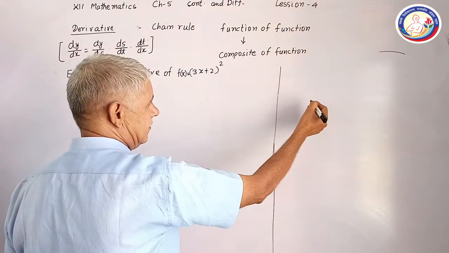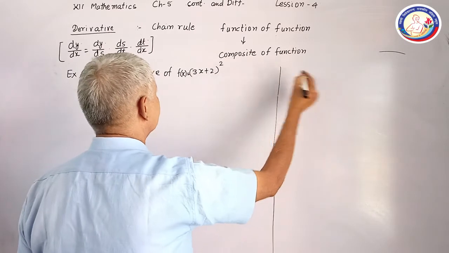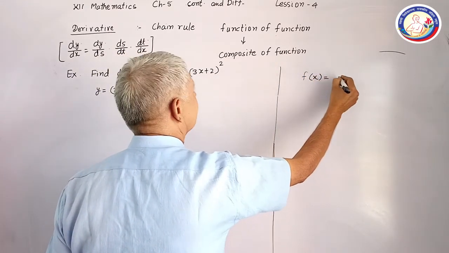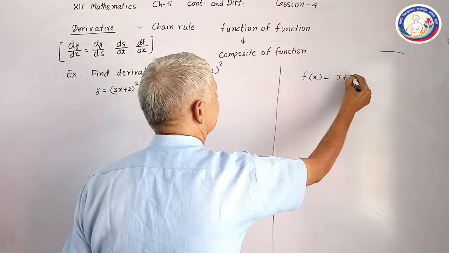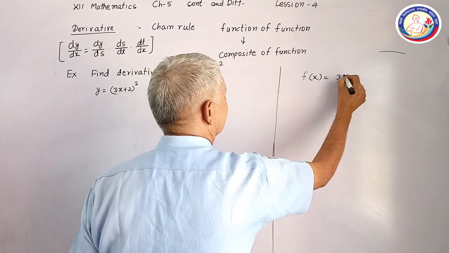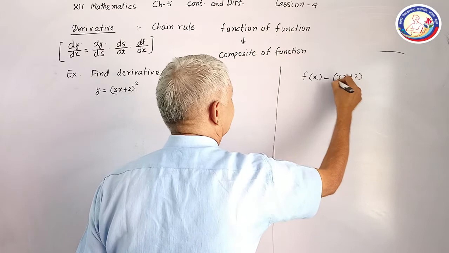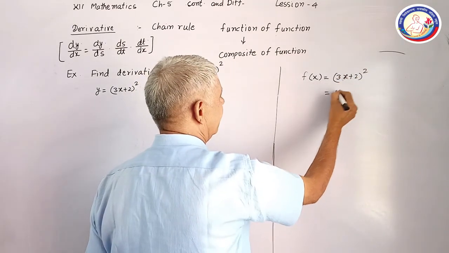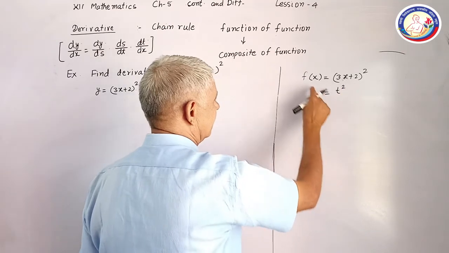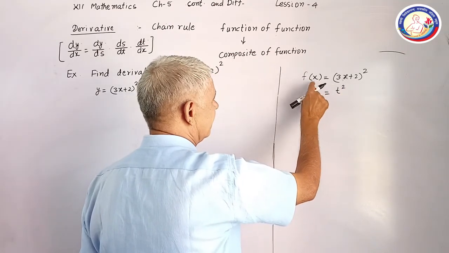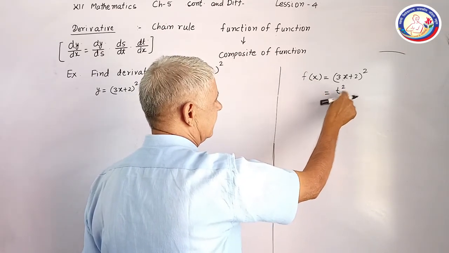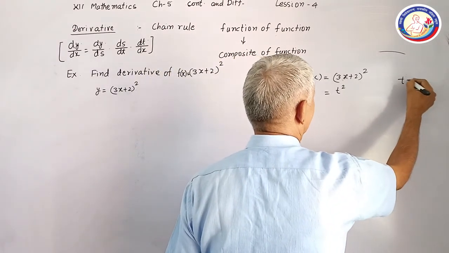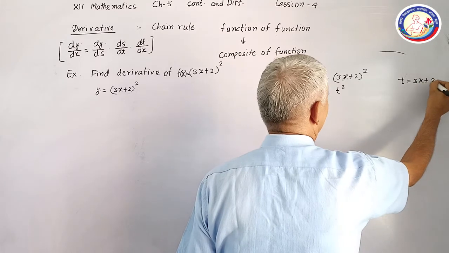We can understand this in the following way: f(x) equal to (3x plus 2) square. So we can write it as t square. We have written the function in terms of t, and t can again be written where t is equal to 3x plus 2.